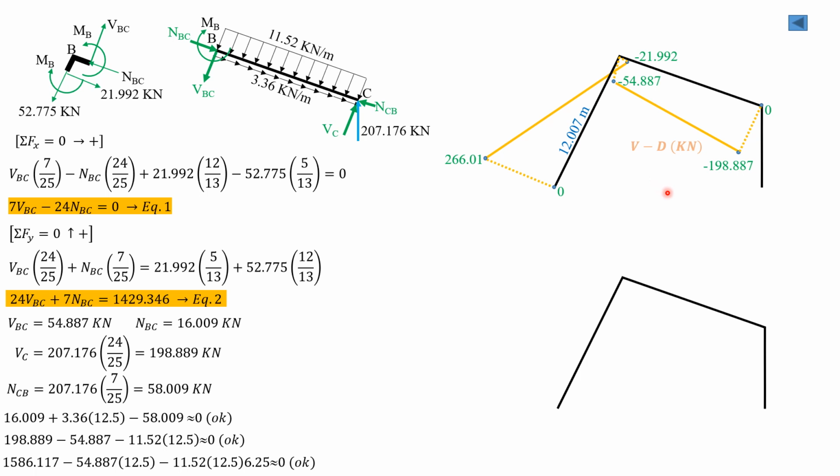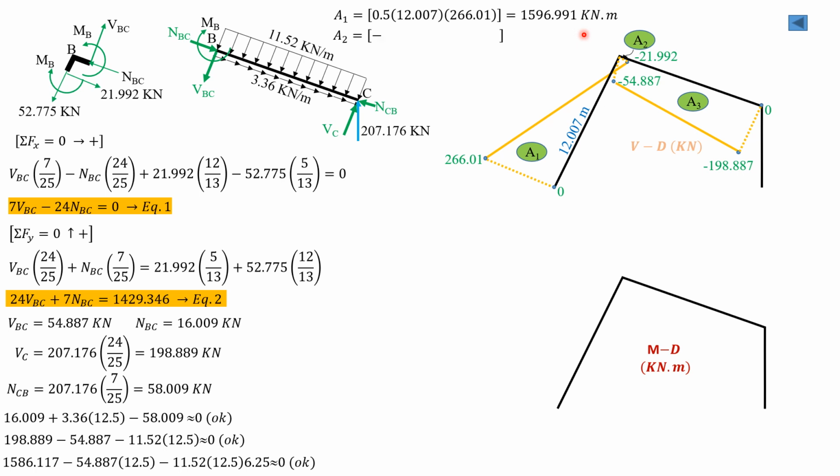For the moment diagram, then we have this area here, 1/2 of 12.007 times 266.01, is area 1, and that's area 2, and this is area 3, trapezoid. So area 1 is 1/2 of 12.007 times 266.01, which is 1596.991 kilonewton meter.